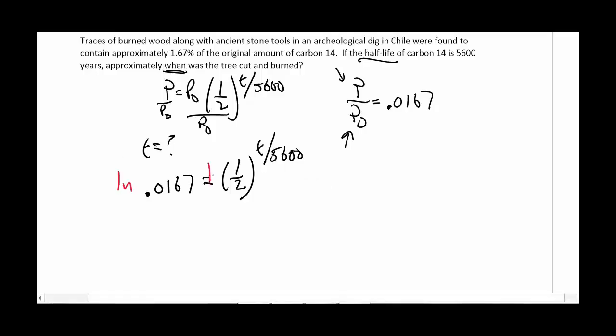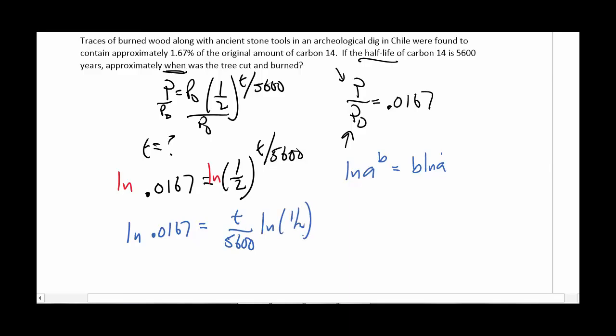So I'm going to take the ln of both sides. On the left I have ln of 0.0167. On the right, we don't really have a way for the ln of 1/2 to disappear. It's still going to be there, but we can apply the property that says the ln of A to the B, the B comes out front. So I can bring this T over 5,600 times ln of 1/2 out front.